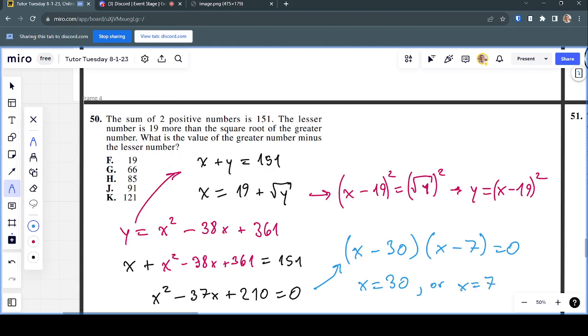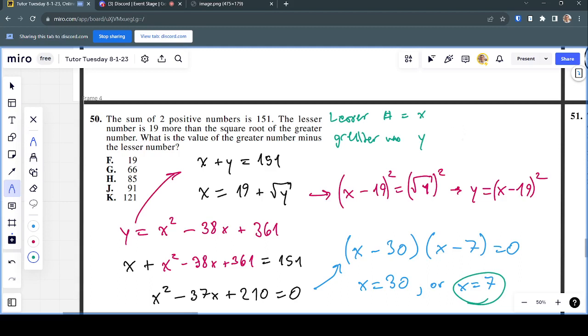Now, what did I say? I said that the lesser number, in our case, I think I said the lesser number was x. Lesser number equals x, and then the greater was y. Let me just say that x is equal to 7 to start.